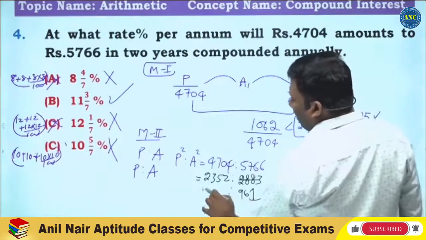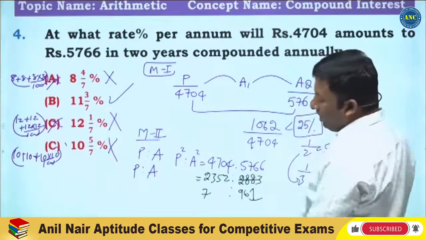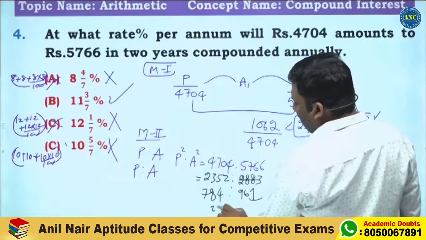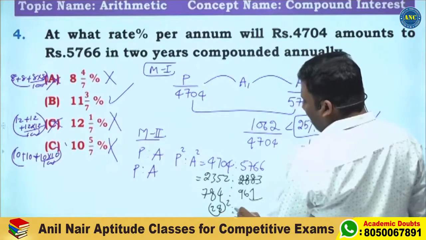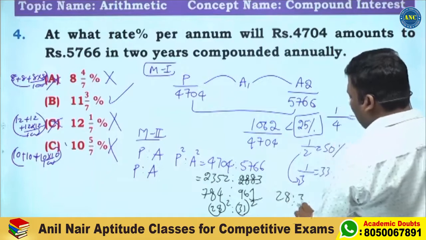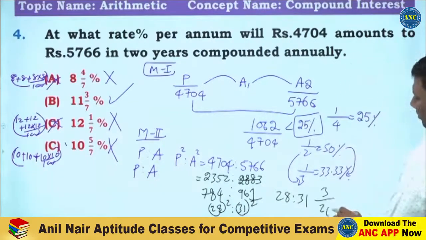This will become 3 7s are 21. See how much calculation you are doing. 3 8s are 24 and 3 4s are 12. These 28 square is to 31 square. So 28 is to 31. It is 3 by 28.